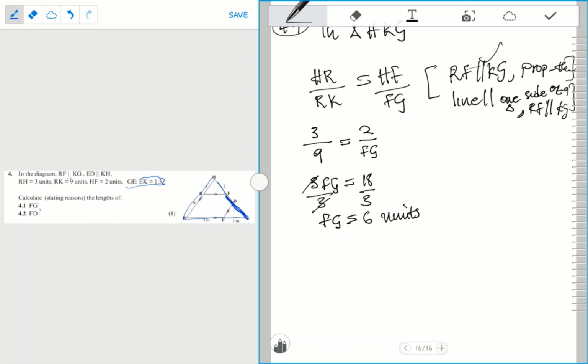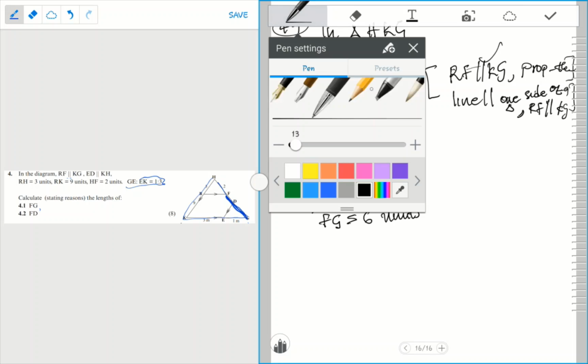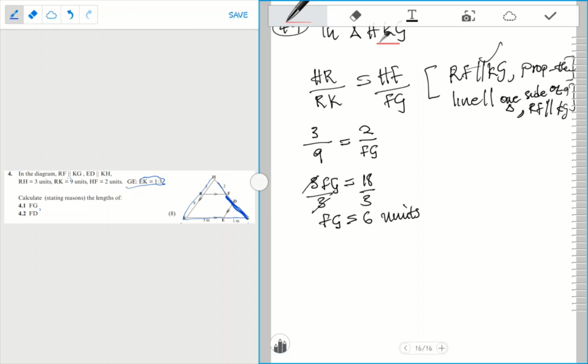I hope I've made myself clear. Or you could have also written it as taking FG over HF is equal to RK over HR.